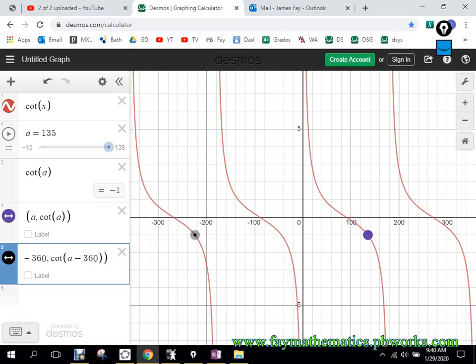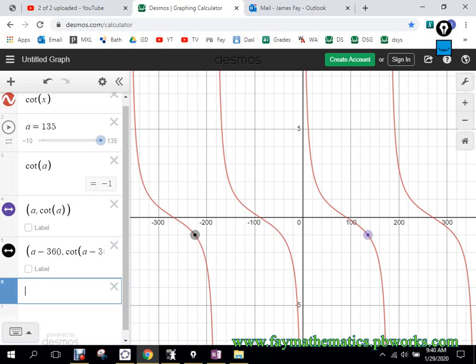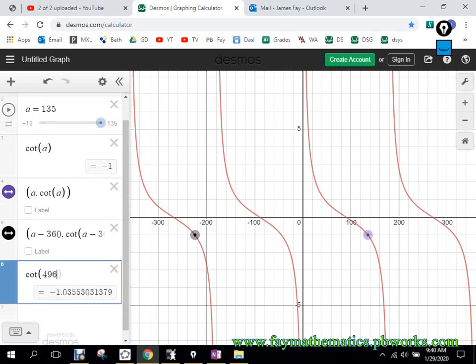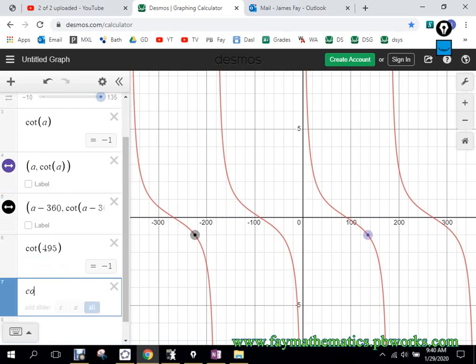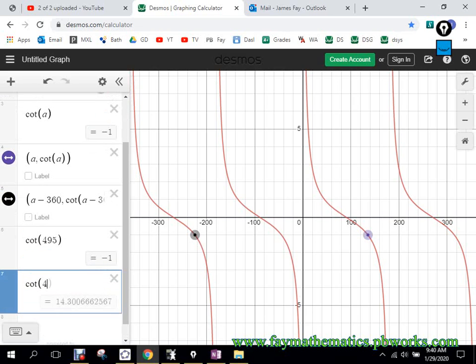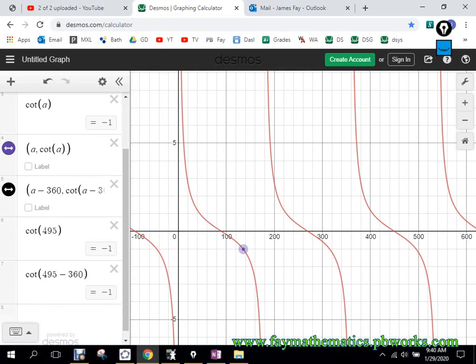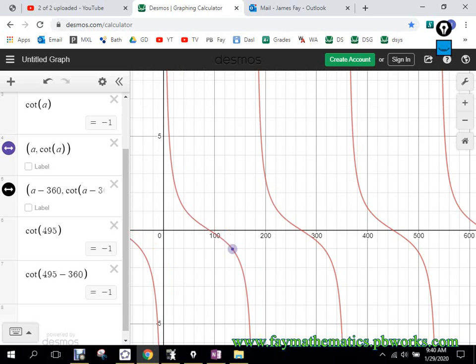Does that point model that one? Does that make sense to everybody? That is why when we say something like evaluate cotangent of 495, and we get -1, we can say it's the same thing as cotangent of 495 minus 360, because 495 is going to be right there, and then 135 would be right there. It's the same y value.